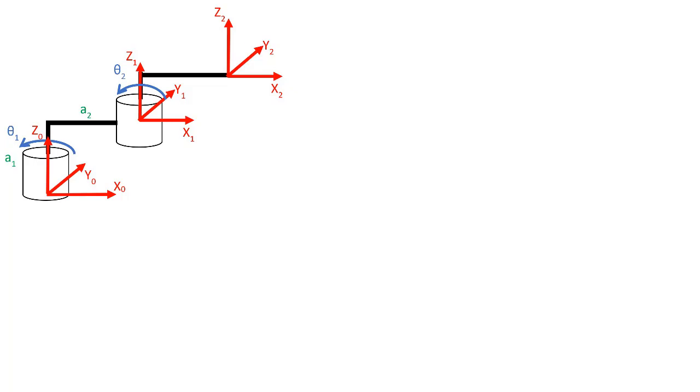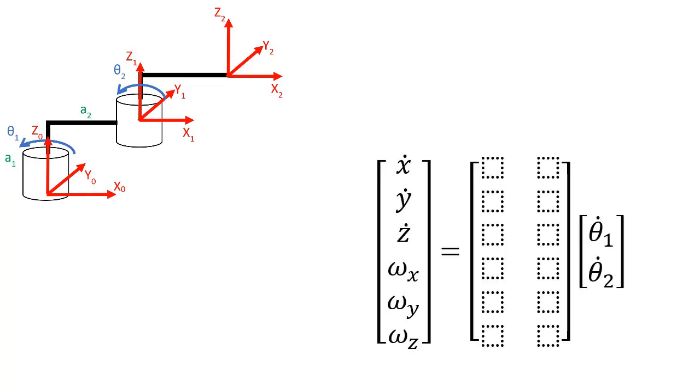For now, we're going to ignore the third joint, the prismatic joint, which is our rack and pinion. In this case, we only have 2 joints, so we can only control 2 of the velocities. That's okay, because in our line example, I really only care about the linear velocity in x and the linear velocity in y.